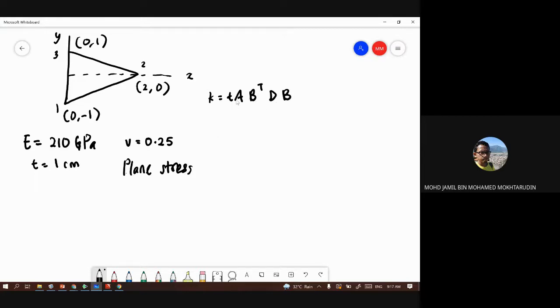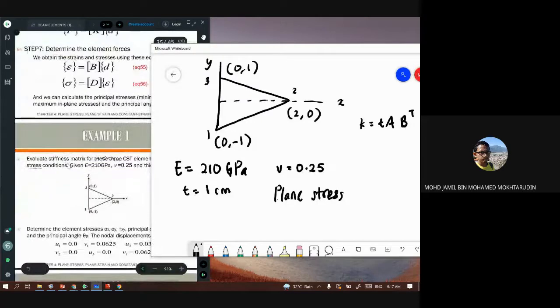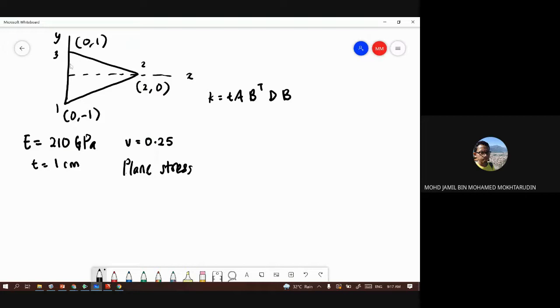So let's find A first. Assume everything is measured in cm. So this is a right-angled triangle, a regular triangle that you can calculate the area of straight away without using the matrix formula.